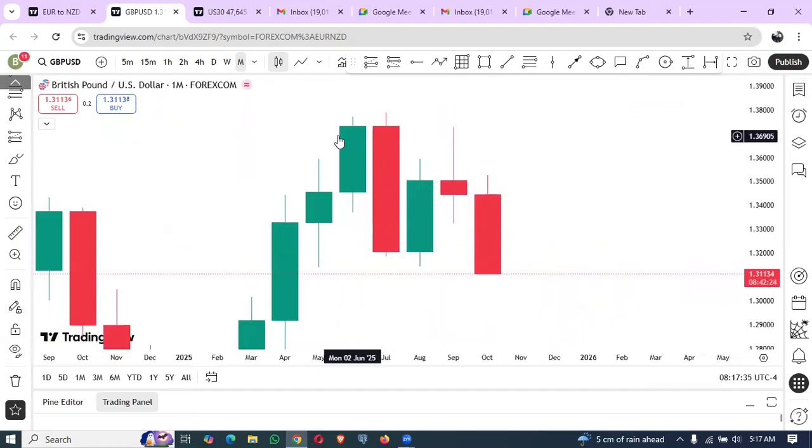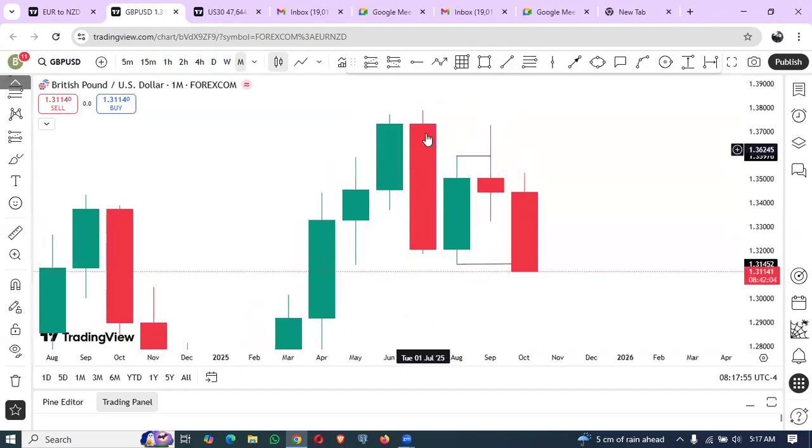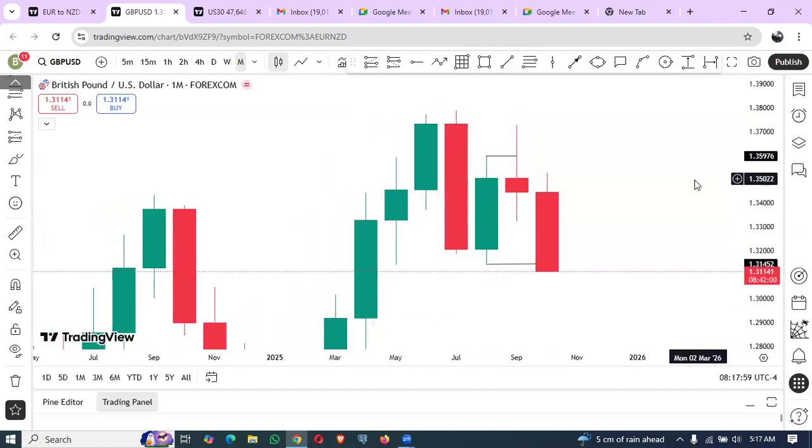We had this engulfing candle here, this one engulfed this one. Then we had this thick green candle, then this at the high, this as the low. I'll teach this strategy in a much later video. So on the monthly, at first, we had an engulfing candle telling us of a possible trend reversal.